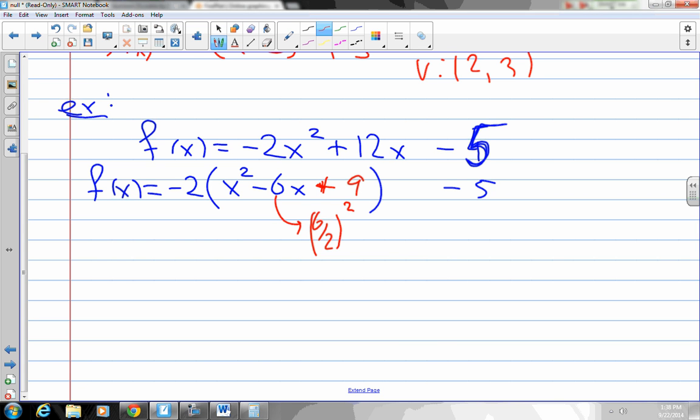Well, actually I subtracted 18. Because look, by adding 9 inside the parenthesis, that 9 is multiplied by negative 2. So I really subtracted 18 from the whole function. So if I subtract 18 from the whole function, what do I need to do to make it right? Add 18. So I'm just going to add 18.